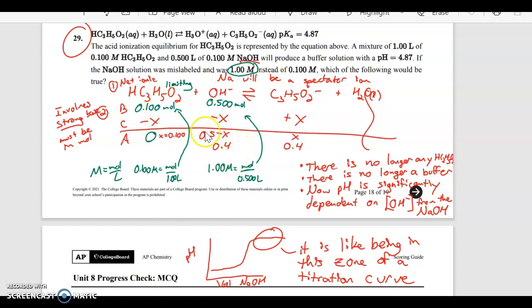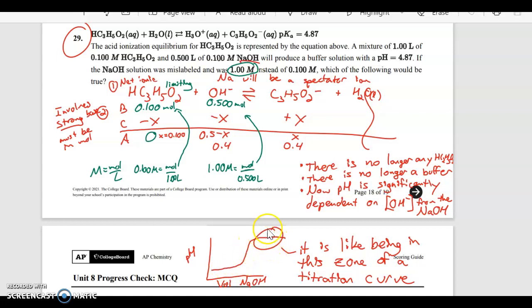But the key here is that, yeah, you have this conjugate base here, but you have a significant amount of OH minus left over, which means that the base took over the buffer. And instead of staying in this buffer zone on like a titration graph, it ended up overtaking the buffer.